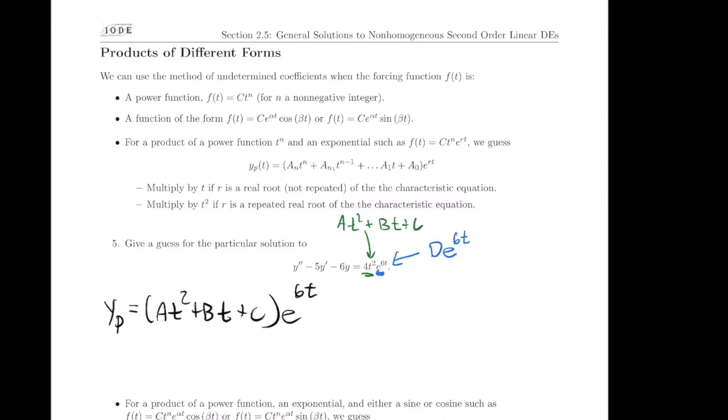And so coming up with the guess is pretty similar. This one would be a bit challenging. It would be a little bit time consuming to actually plug it in and figure out what A, B, and C are.